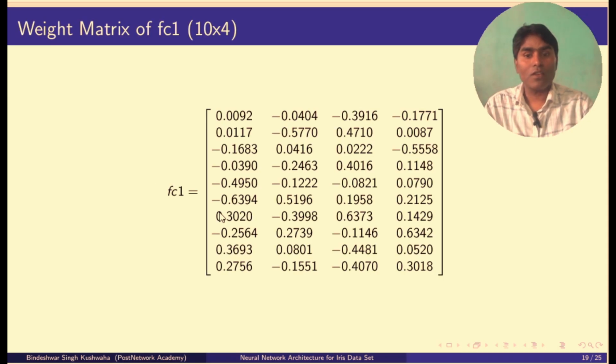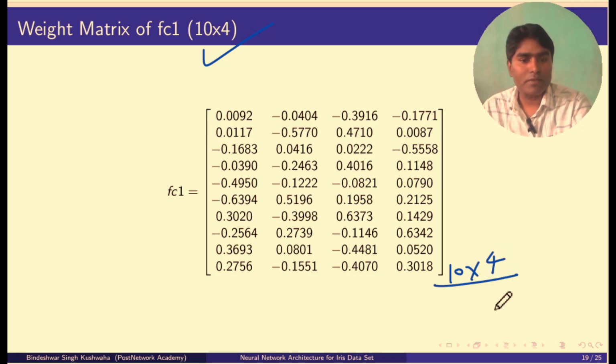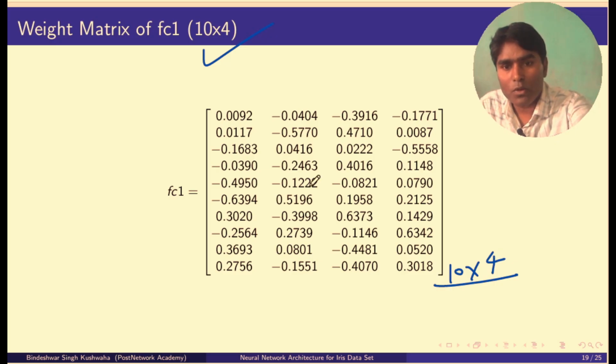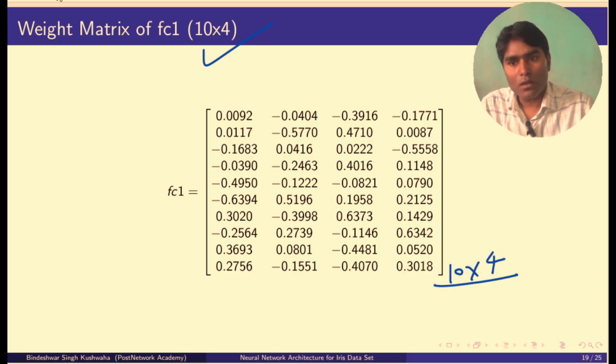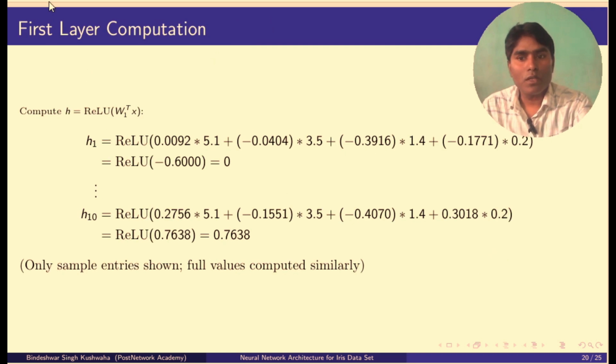See here, what I got is a 10 cross 4 weight matrix. And what will we do? We are going to take the transpose here, and we will use the ReLU function inside this one.